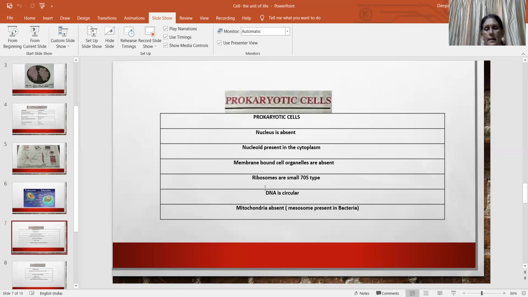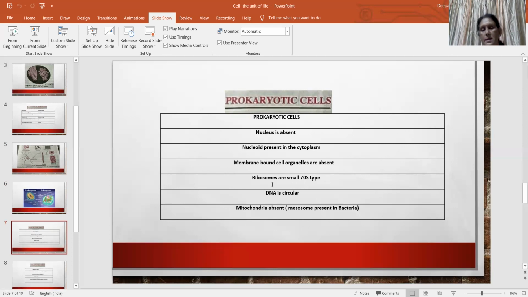And again, ribosomes are present, but ribosomes are 70S type. When we discuss the different cell organelles, we are going to discuss mitochondria, ribosome, what are the types of ribosome, etc. But here you must understand the characteristics of prokaryotic cell. The prokaryotic cell contains what type of ribosome? 70S type of ribosome.